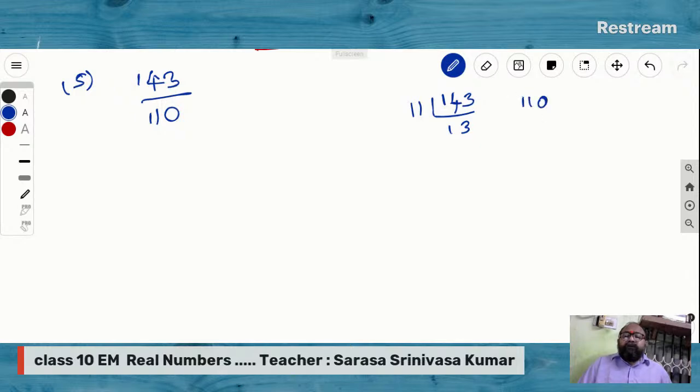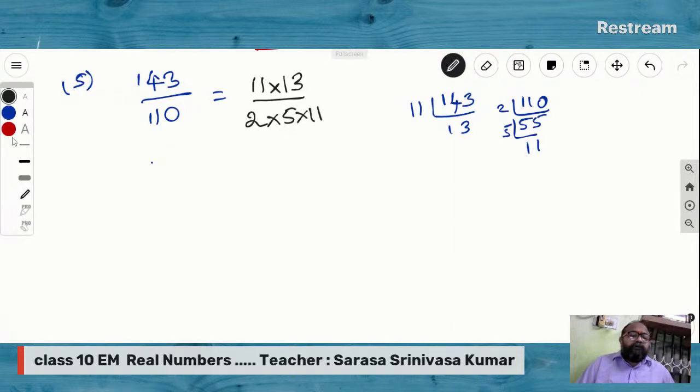For 110, 110 to 55 is 5 11s. Therefore, 143 by 110 is equal to 11 multiplied by 13 divided by 2 multiplied by 5 multiplied by 11. Now 11 gets cancelled. We get 13 by 10.